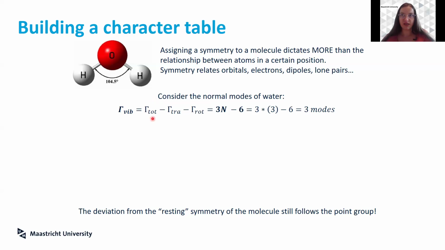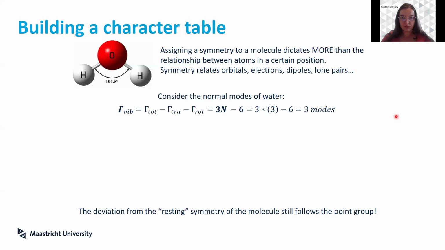From the total, which is 3N, we subtract 6 because we have a three-dimensional molecule, so rotational and translational degrees of freedom are going to be a total of 6. You have 3 atoms in water, so this is going to be 3 times 3 minus 6. This brings you to 3 normal modes of vibration, so 3 possible degrees of freedom that are not rotations and are not translations.